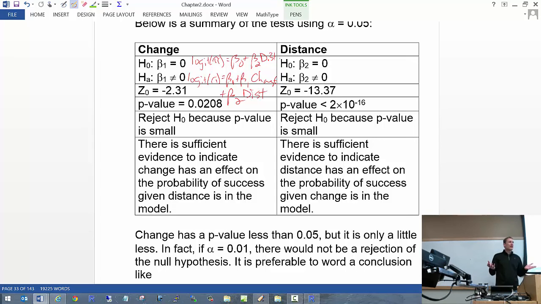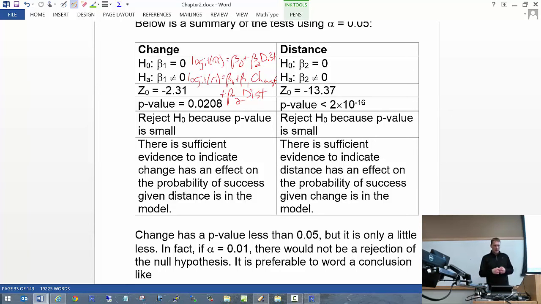What this is saying is that it's not really common to get a test statistic this large if beta 1 was equal to 0. So that tells you, hey, maybe something's going wrong here. Maybe beta 1 does not equal 0. And that's why you reject.